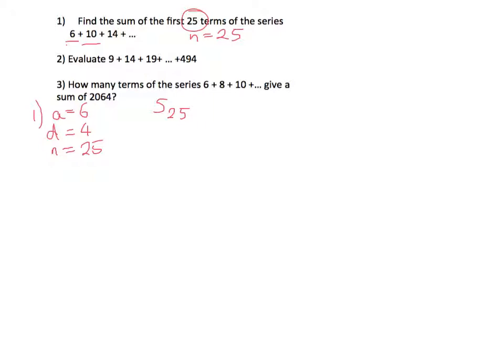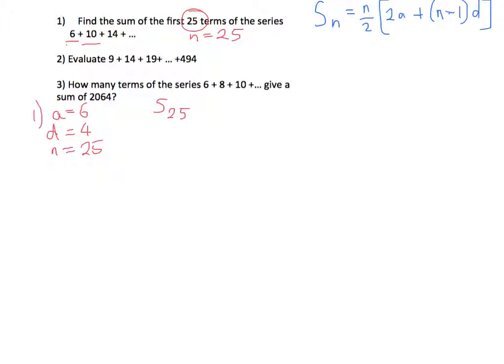n on, I'll just write the formula up here again. The sum of n terms is n on 2, brackets 2a plus n minus 1 lots of d.